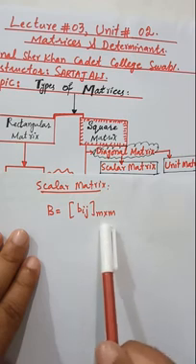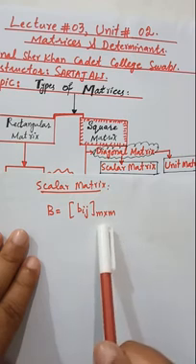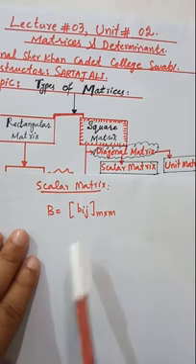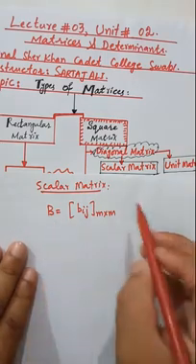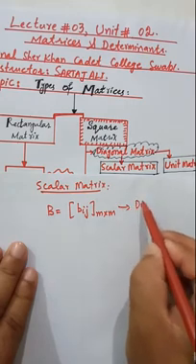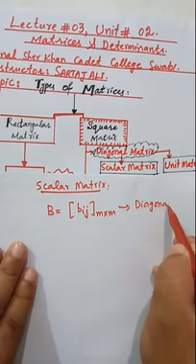When I write order m, it automatically means it is a square matrix. So this must be a diagonal matrix.